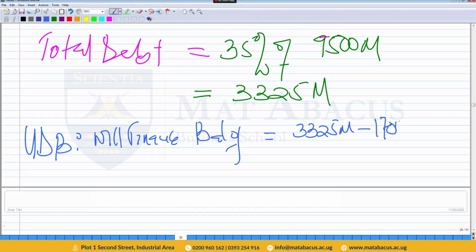The paper calls for writing these things down, and therefore what you will get from UDBL when you subtract that, 3225 minus 175, you should be able to get 1625 million.